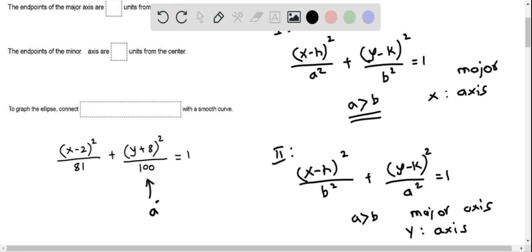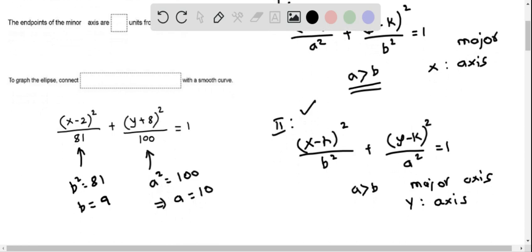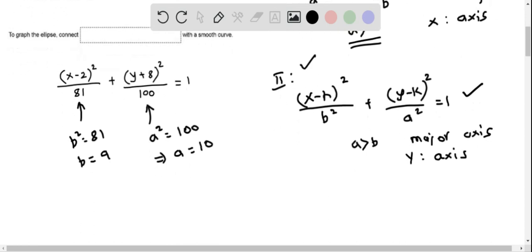So we say that this is a² = 100, and this is b², and this equals 81. And this means clearly this follows type 2, that is a² is below the y term, which means the major axis is along the y-axis. So we can determine the value of a using this equation, that is a = 10. We just have to take the square root, and similarly b = 9. So we know that the major axis is along the y-axis and it is of type 2.